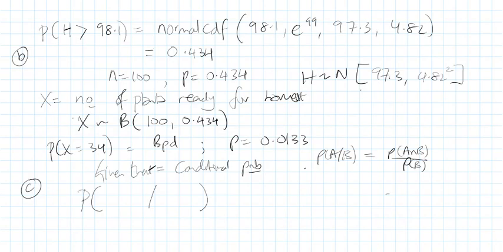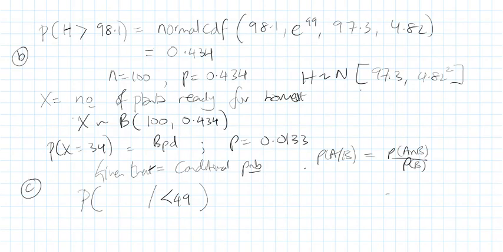Here, it's given that you have fewer than 49 plants, so fewer than 49 is probability B. That's why I'm writing it in the second slot.